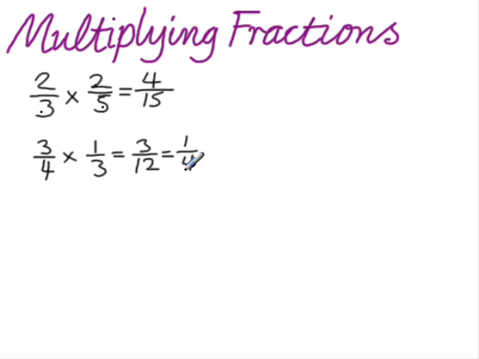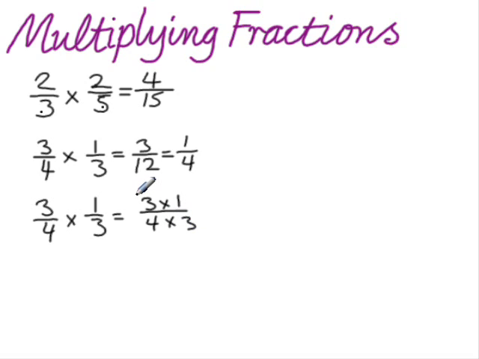Now, if you've done multiplication of fractions before, you probably spotted something in the original problem that you could have done as a shortcut. Let me rewrite that. 3/4 times 1/3. In fact, what this is, 3 times 1 over 4 times 3.